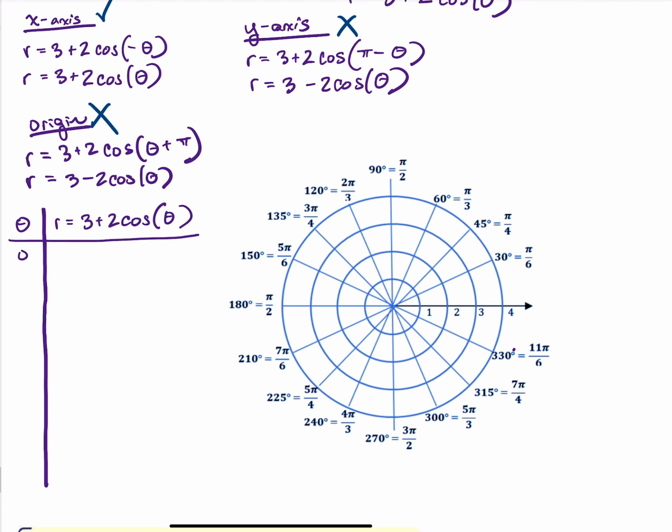So let's start with 0. That means r would be 3 plus 2 times the cosine of 0, which is 1. So 3 plus 2 is 5. Then pi over 6. This will be 3 plus 2 times the cosine of pi over 6, which is root 3 over 2. This will be approximately equal to 4.73.